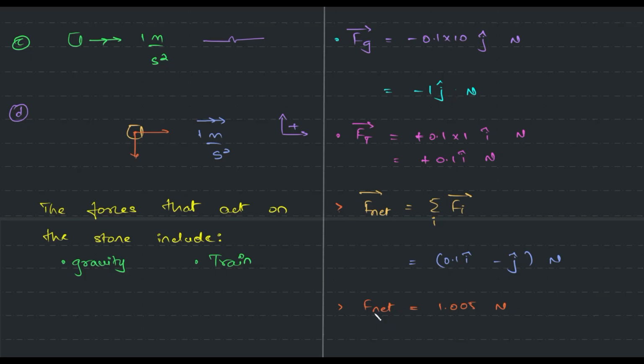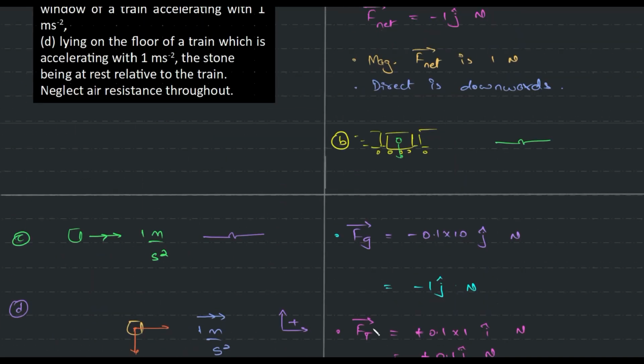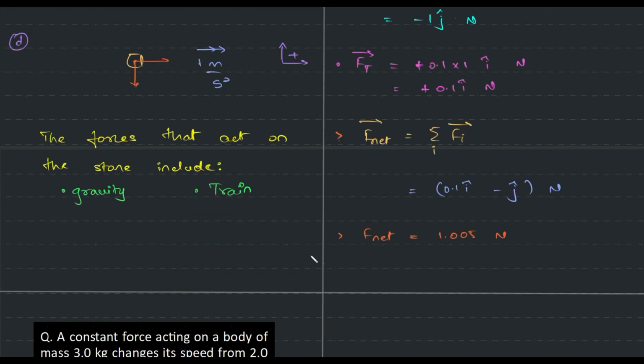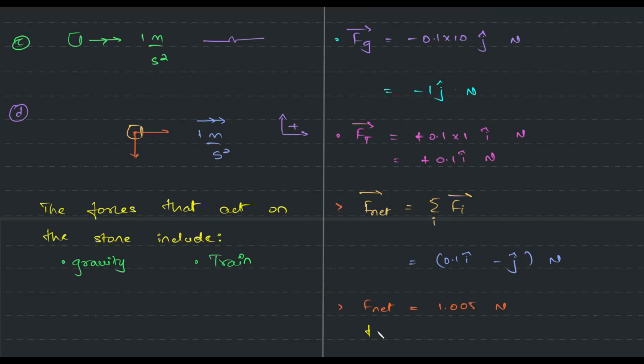Okay, and then what do we have? We have the direction. Yes, we do need the direction. So theta is equal to tan inverse of the y component over the x component. The y component is minus 1 and the x component is 0.1.